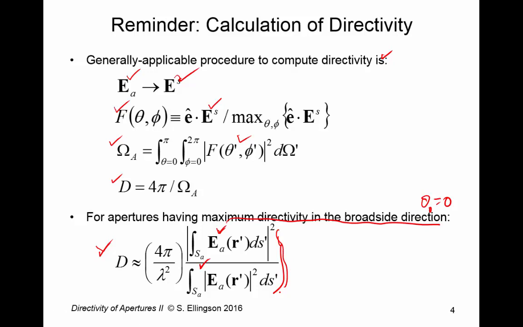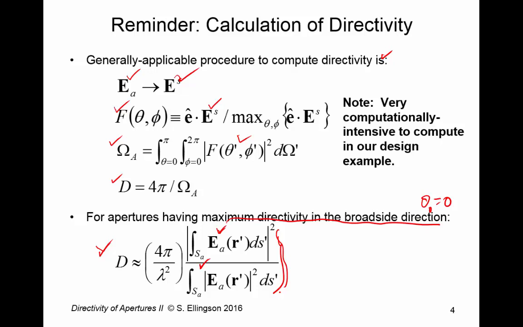The problems are as follows. First, this is very computationally intensive. Now, in the year 2016, this is rarely a problem. However, maybe it is. Maybe you're trying to do a design iteration that requires you to do thousands of these calculations. Well, if every calculation requires 2 integrations, then that could be an issue.